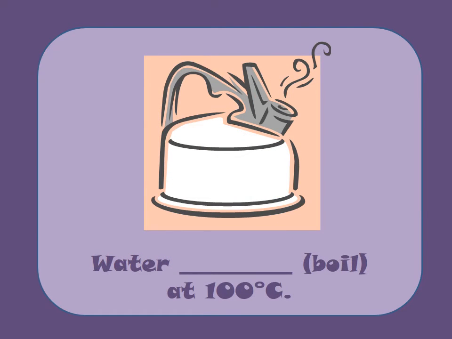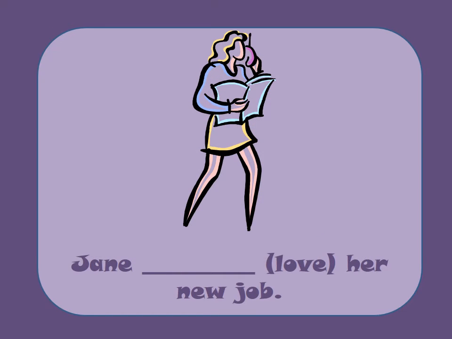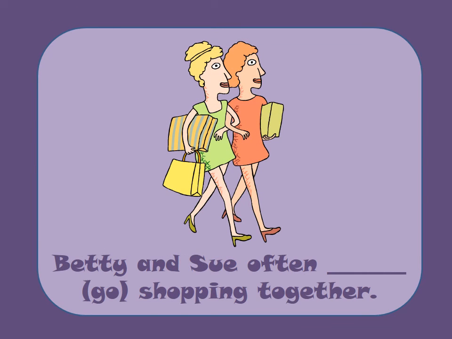Water, this is a fact, boil at 100 degrees Celsius. So water boils because it's a fact. Jane love her new job. This is a state. So Jane, yes, great, loves her new job. Patty and Sue often, this is what they do from time to time. It's a habit.